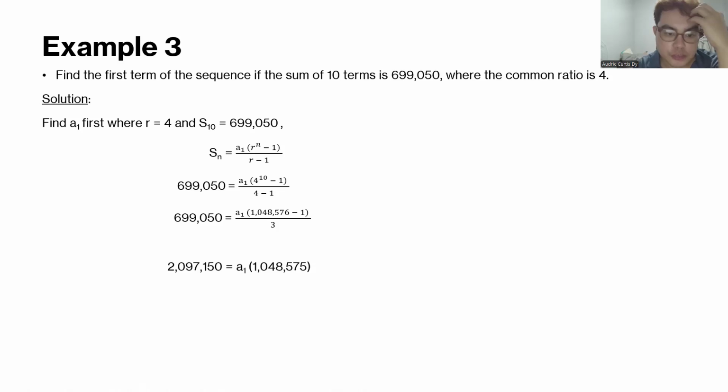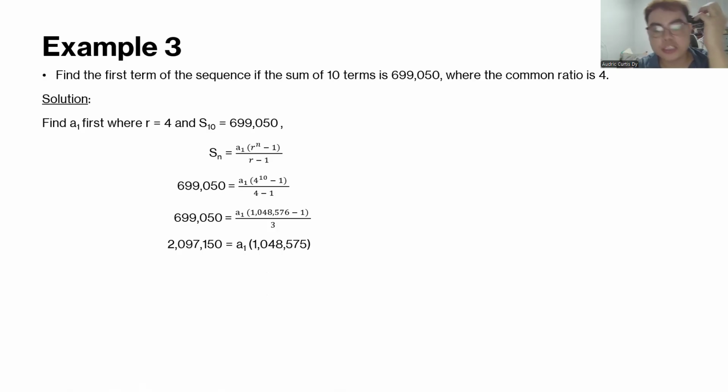Then the answer is 1,048,575. Then for the left hand side, I multiplied 699,050 with 3. So the result is 2,097,150. So this is a shortcut.